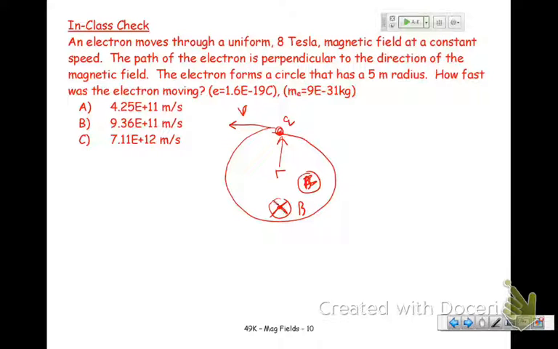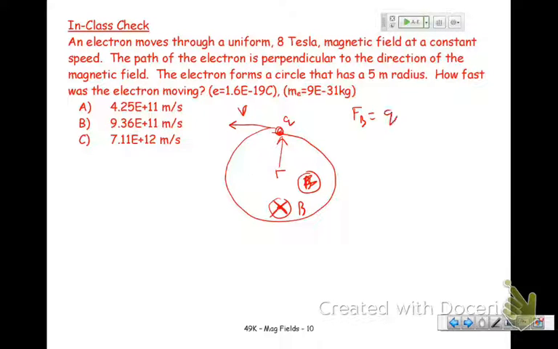I just did the right-hand rule so I could get my orientation for my B. I pointed my fingers along the V, and I knew that I wanted my force, my answer, pointing towards the middle, so I turned my hand so it points towards the middle. Then I curled my fingers, and my fingers have to go into the page, so the B has to go into the page.